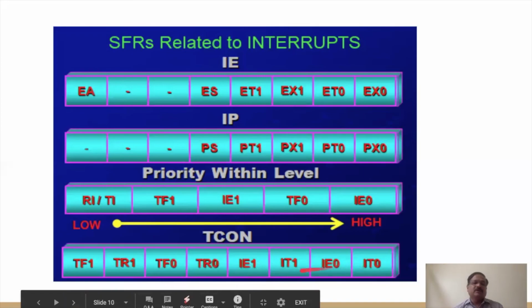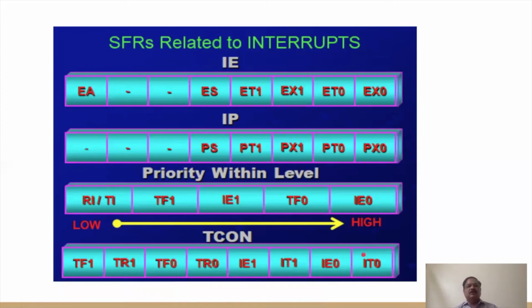The rest of the bits are for the timer control that we already discussed. So these bits are used for timer 0 and 1 and external interrupt 0 and 1. So that is about the SFRs related to the interrupts in the 8051 microcontroller.